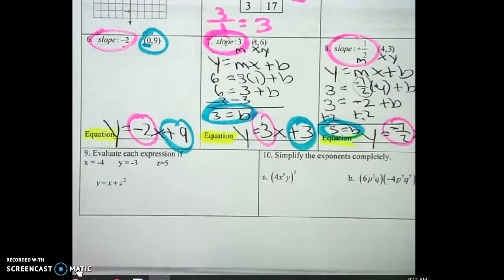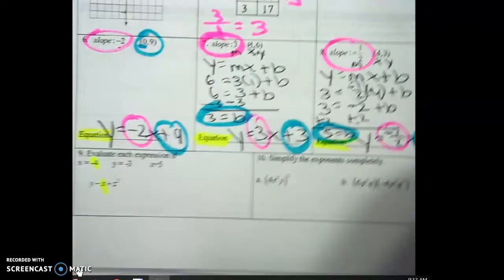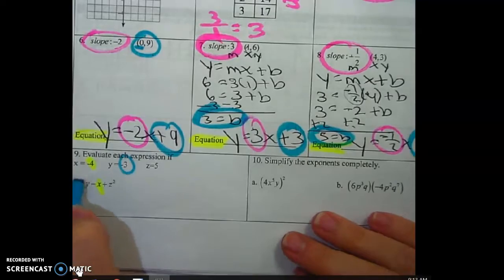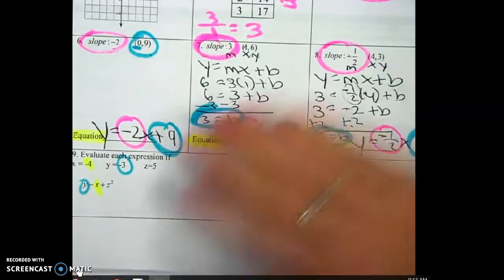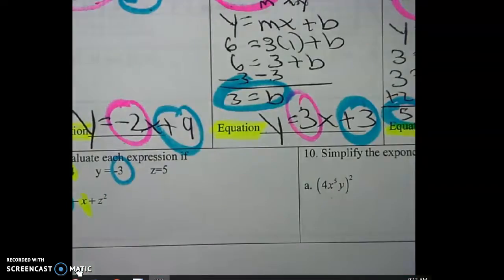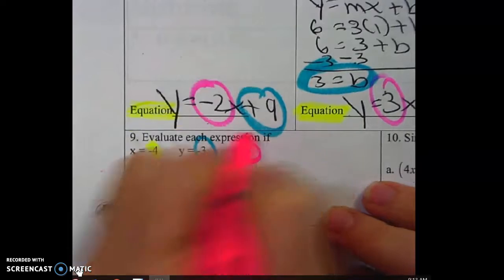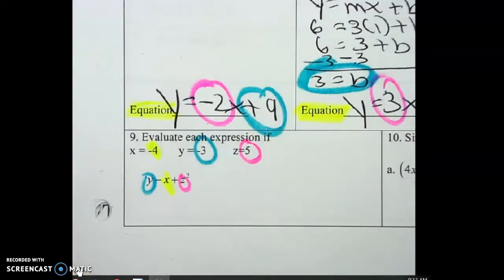Let's go to this. This is review. So it looks like we're going to put x in there, we're going to put y in there. Let me zoom in a little bit more. And I'm going to put z in there.